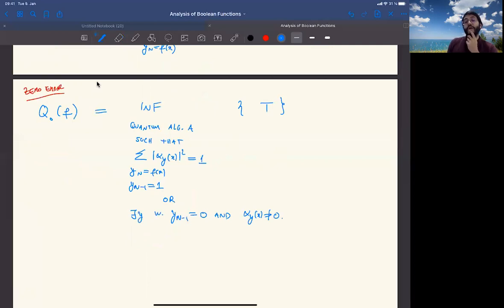So if there is some y which has some positive probability of happening, there is a positive probability of the result being inconclusive, and then you regard it as inconclusive. And otherwise, it's just 1.